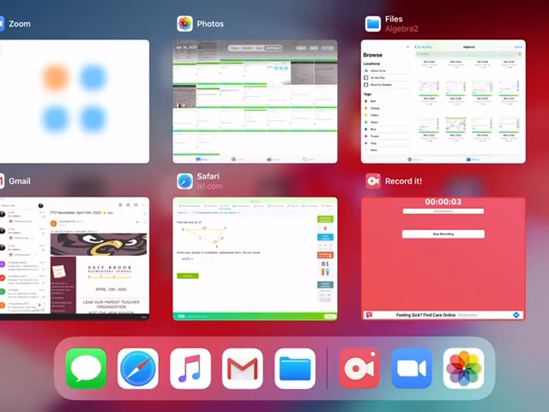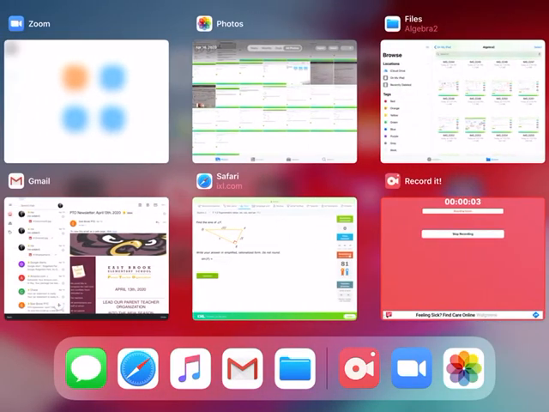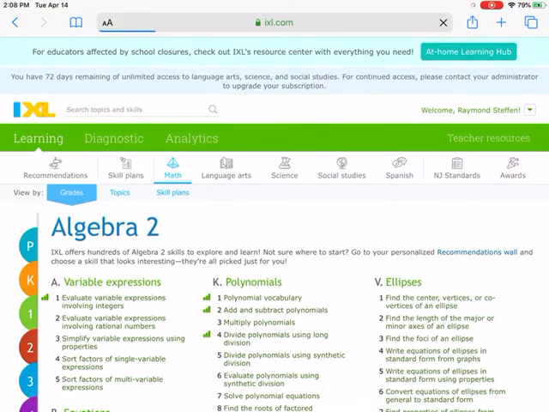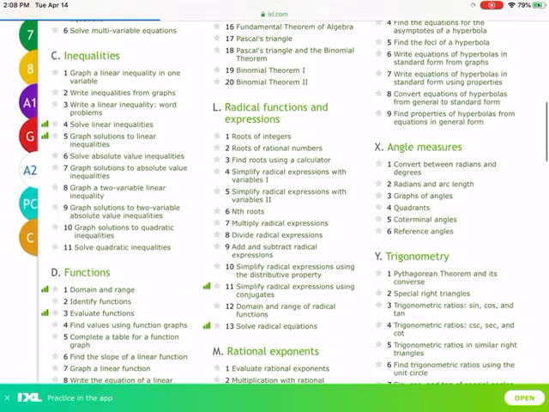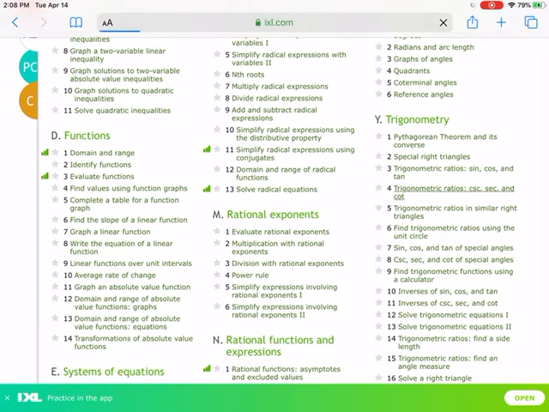Let me see if I can get into that one real quick. Where is IXL? Oh, there it is right here. I gave you Y4, I thought. I'm pretty sure I did. Let me go back into Y4. Trig ratio. Yeah, there we go.